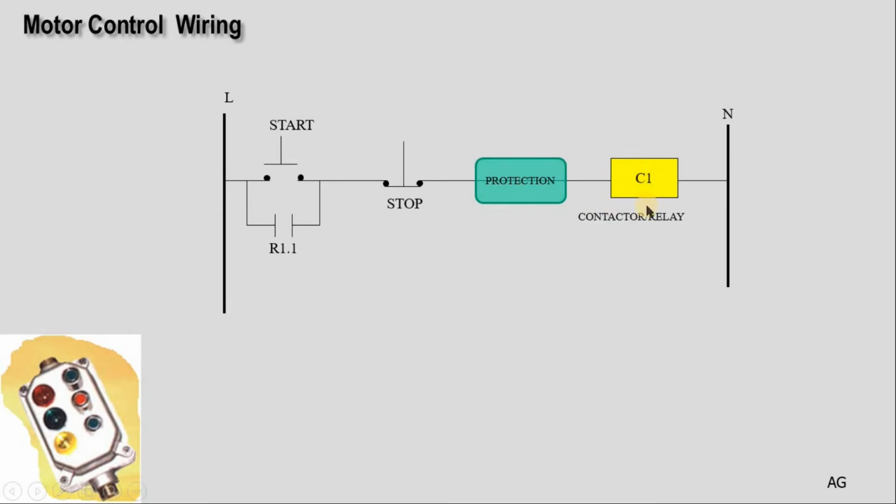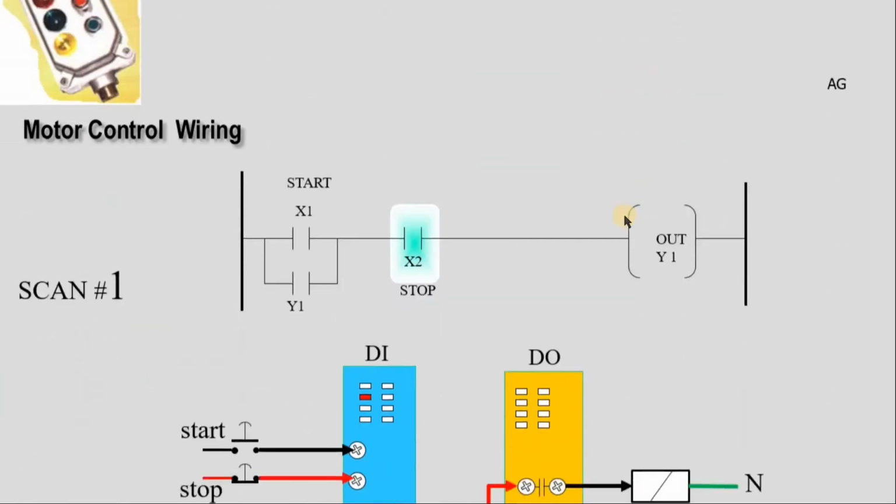Then once it's energized, C1-1, which is this contactor contact, will be energized. So it will be a self-powered, self-maintained circuit. Once you push the stop, the system will cease and C1 will be de-energized.